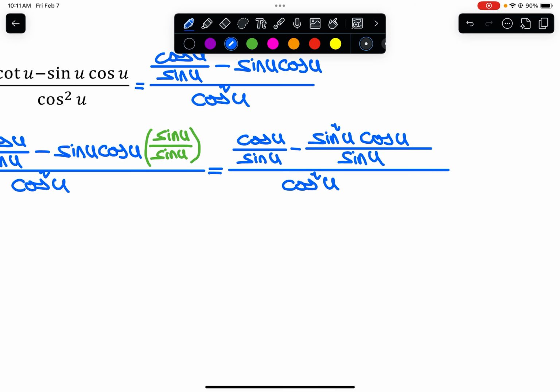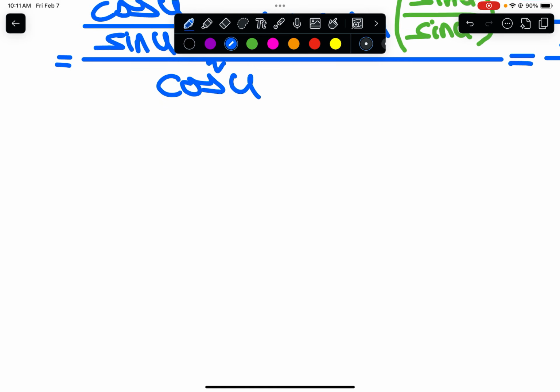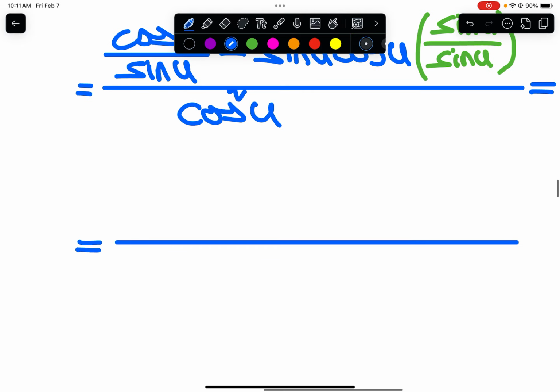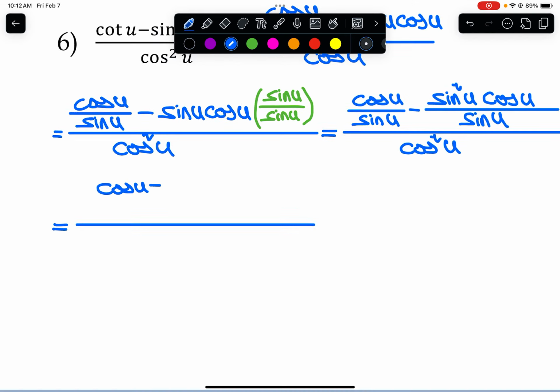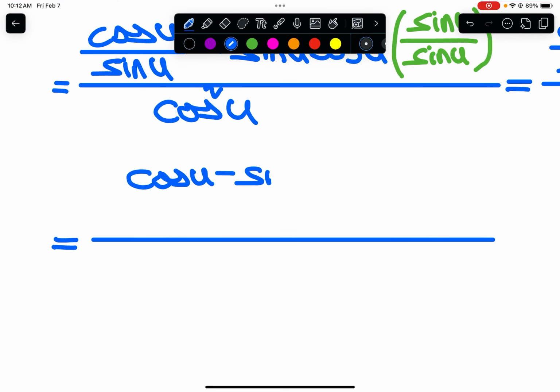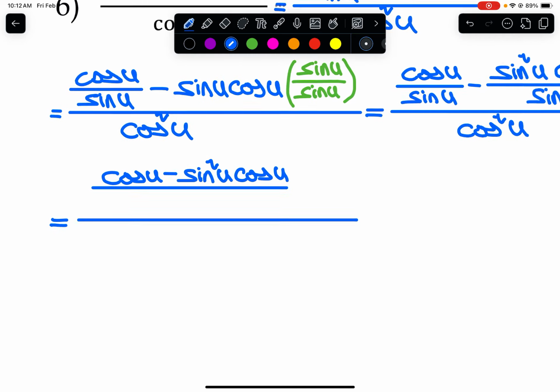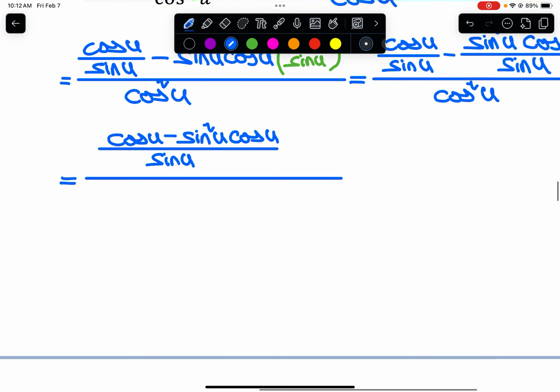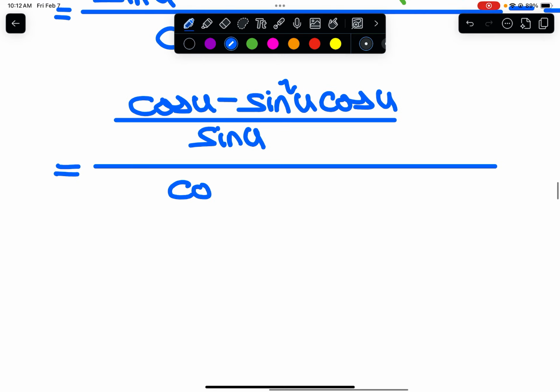So now that we have a common denominator here, now I'm going to combine those fractions. So another obnoxiously long fraction bar. So we're going to have cosine u minus sine squared u cosine u, all over sine u. And then that's going to be all over cosine squared u.